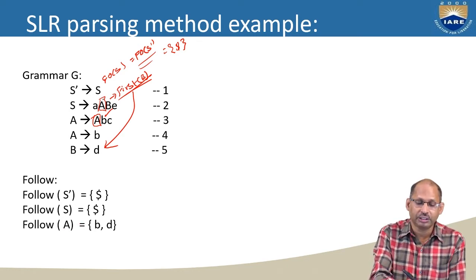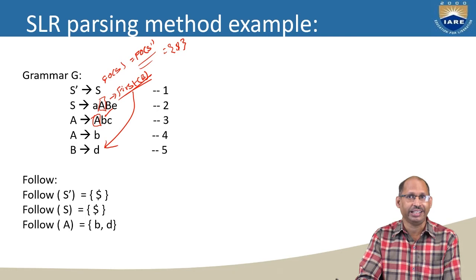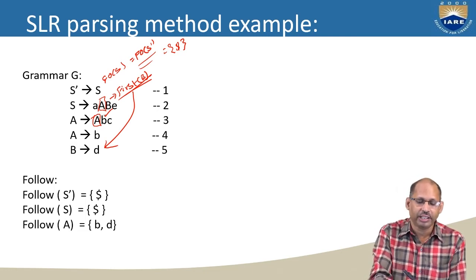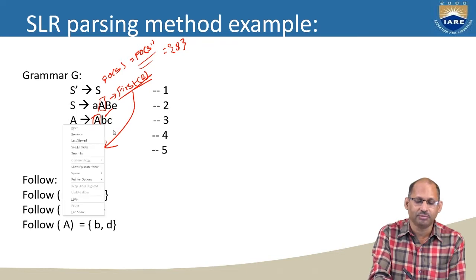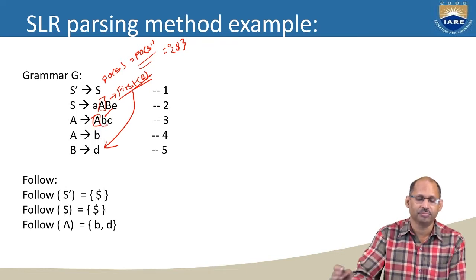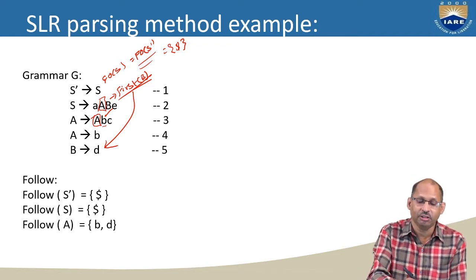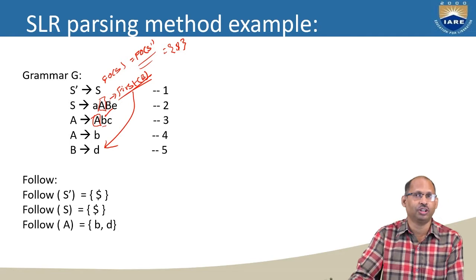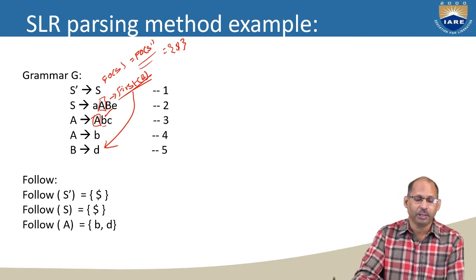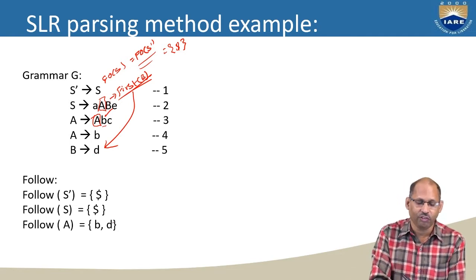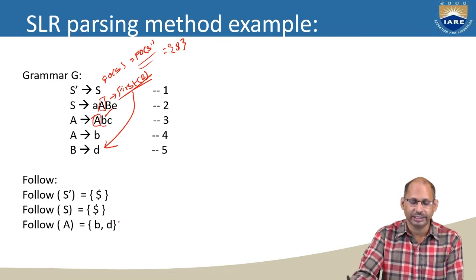There are two places where A exists on the right side of the production. Follow of A is first this terminal b, then from this production, follow of A is first of B. What is the first of B? It is D. So follow of A is b, d.